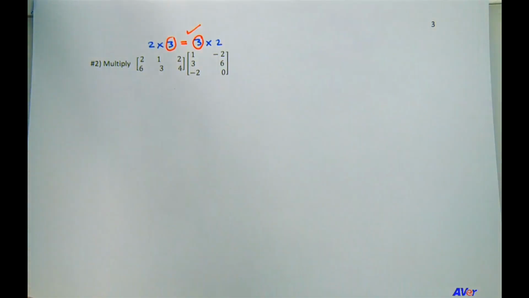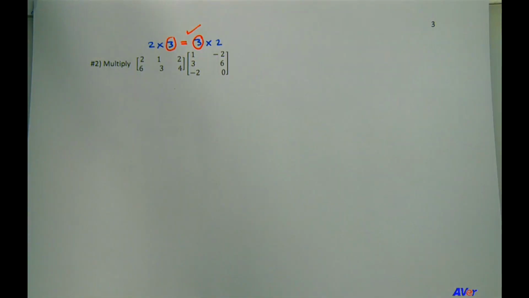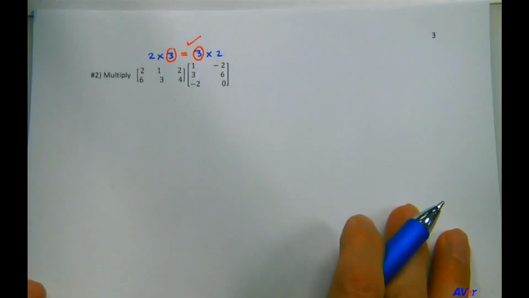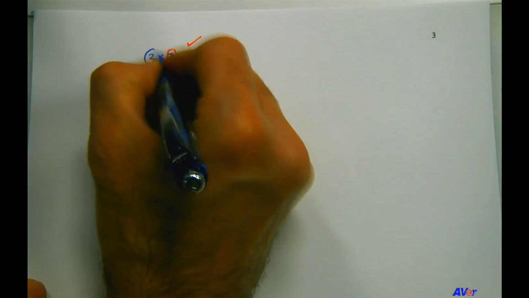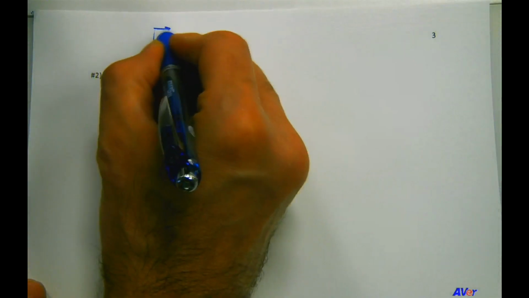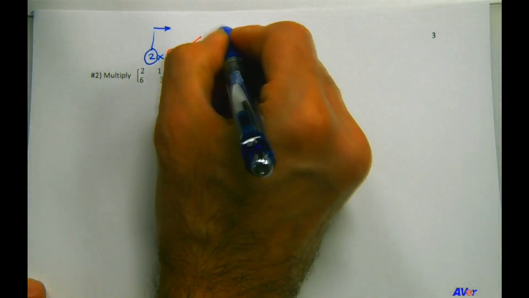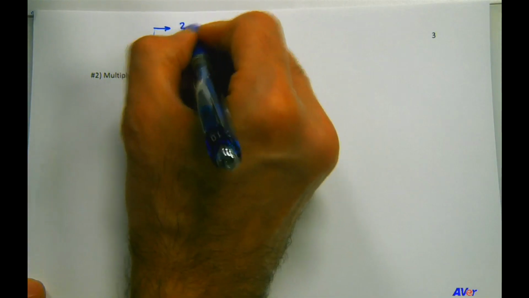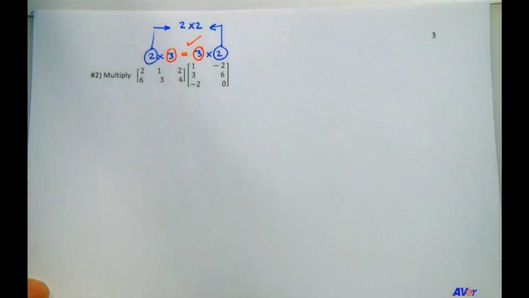So multiplication is possible. Now that we know this product is possible, what is going to be the size of the resultant matrix? Okay, so let's see that number, two rows and 2 columns. So the resultant matrix is going to be a 2 by 2 matrix.